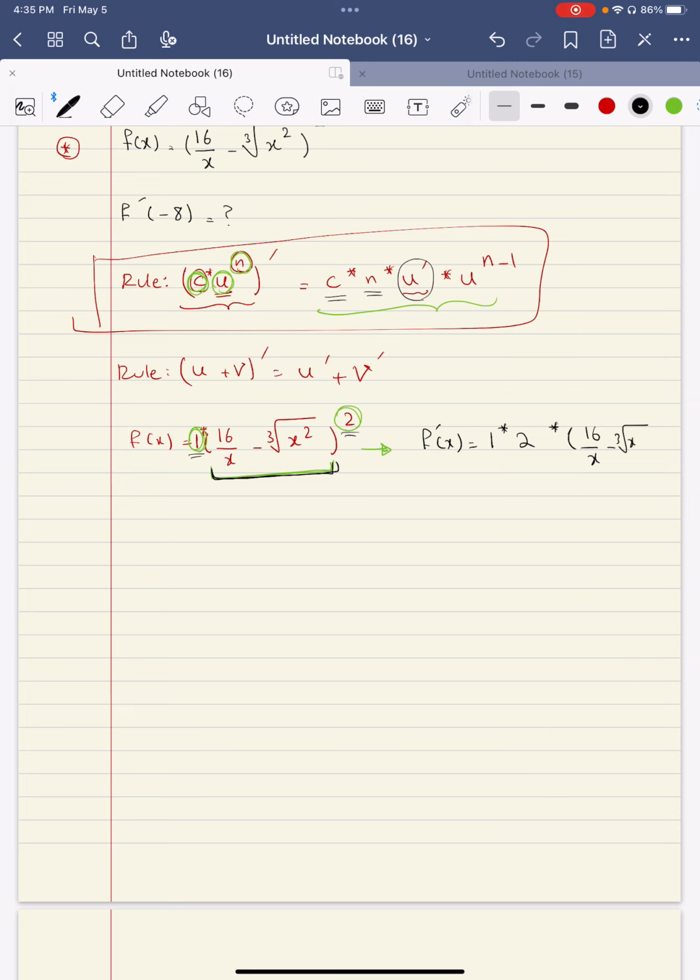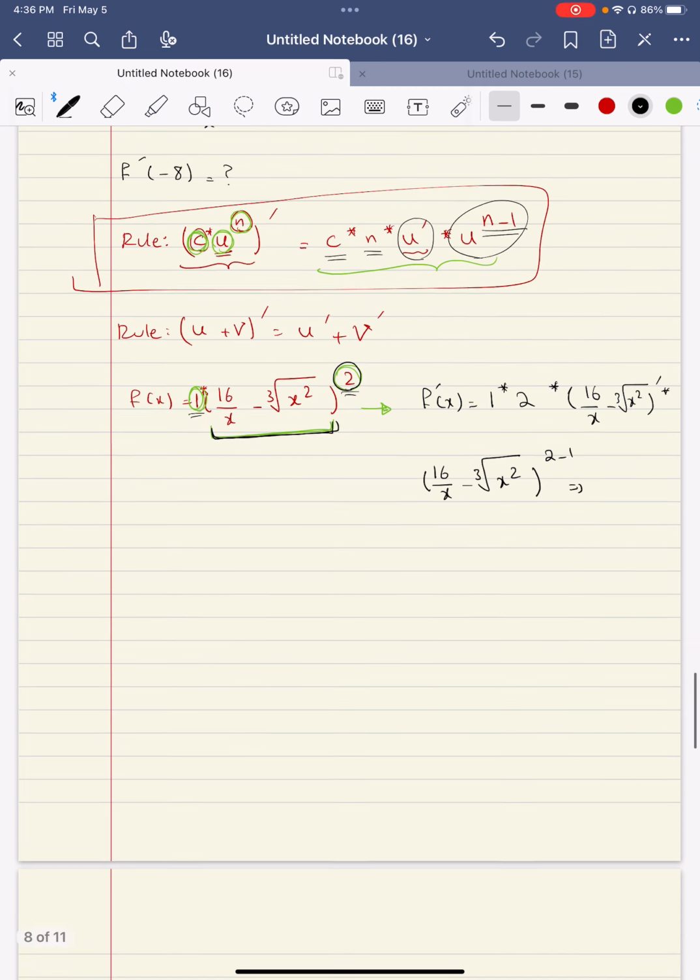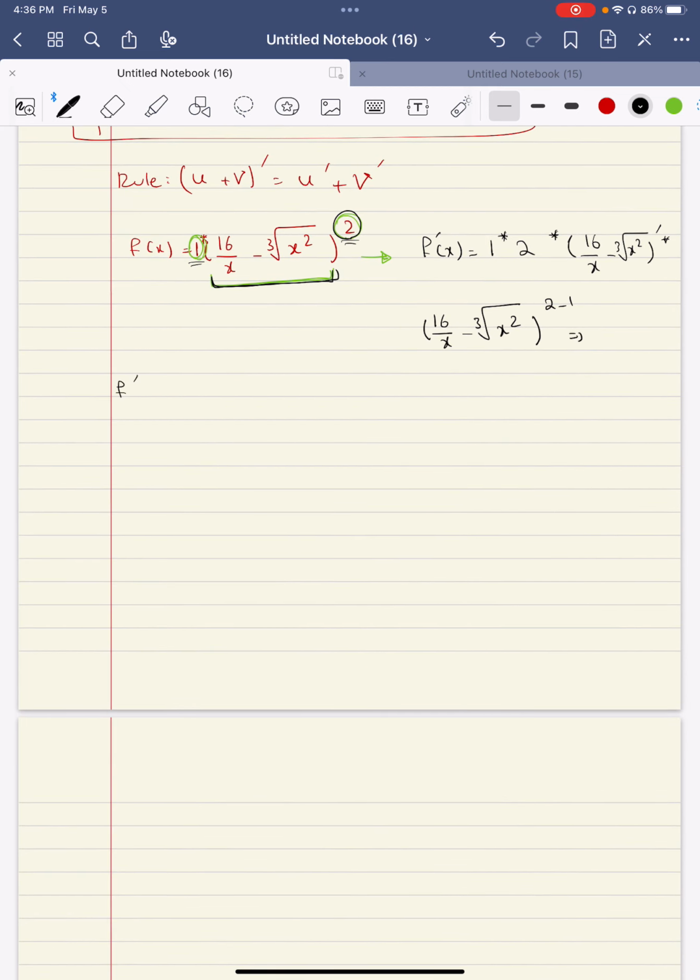I'm gonna write it, times u to the power of n minus 1. U, which is (16 over x minus the cube root of x to the power of 2) to the power of n minus 1. N is 2, so 2 minus 1. So f prime x would be equal to 1 times 2 is 2 times (16 over x minus the cube root of x to the power of 2) prime.